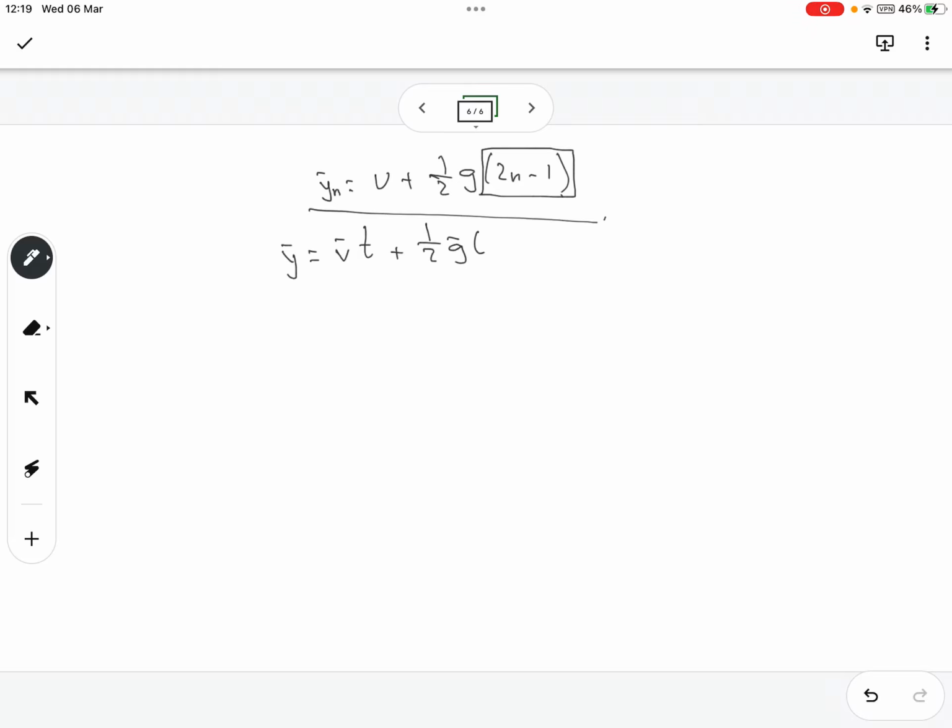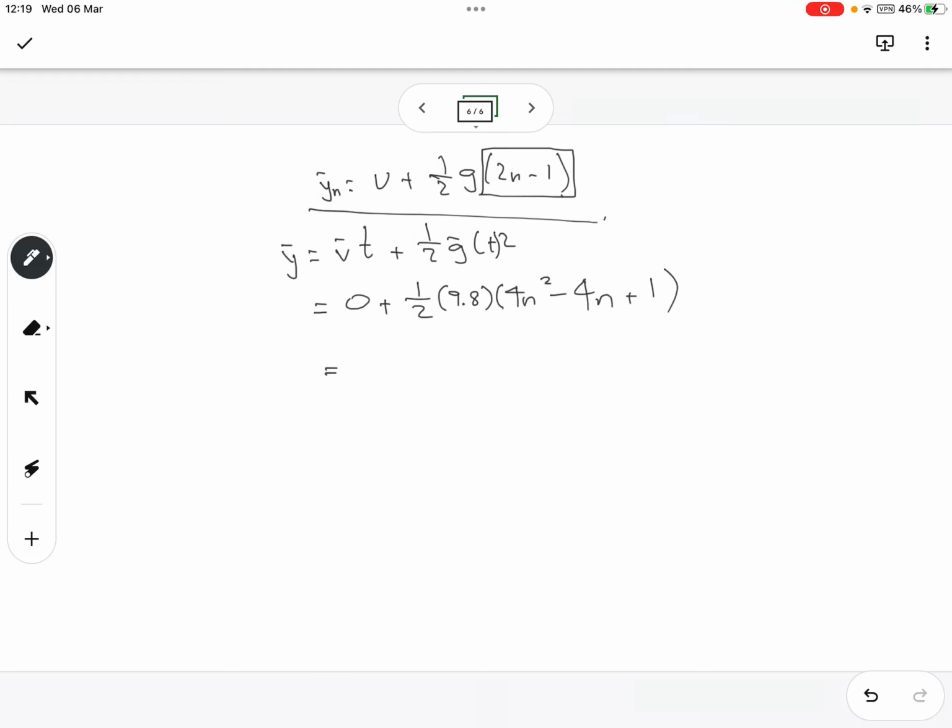Plus a half g t squared, so that we have 0 plus 1 over 2 times 9.8 times 4n squared minus 4n plus 1.